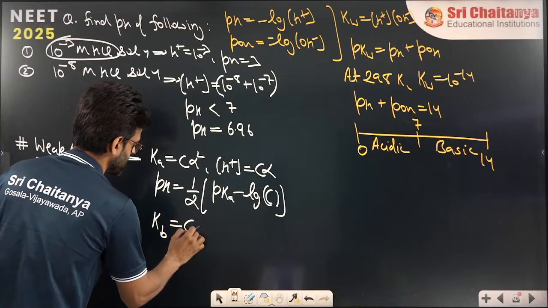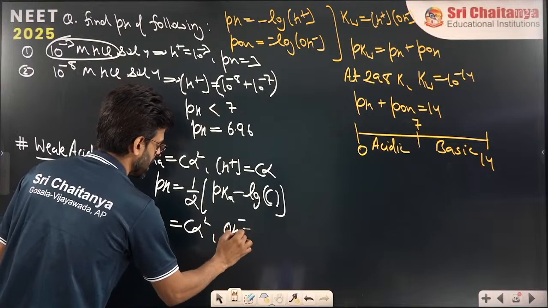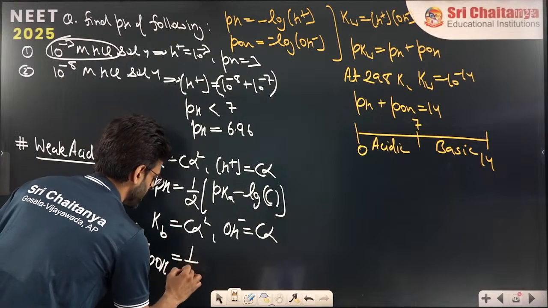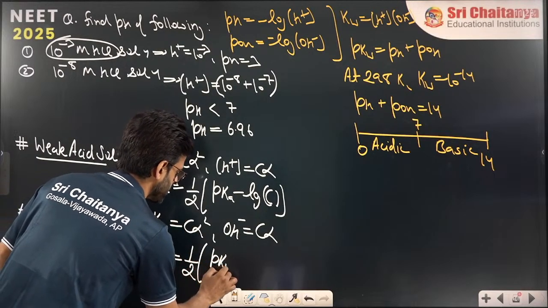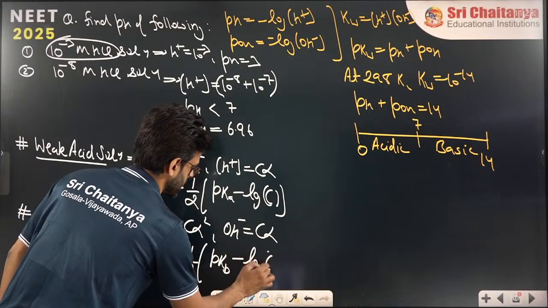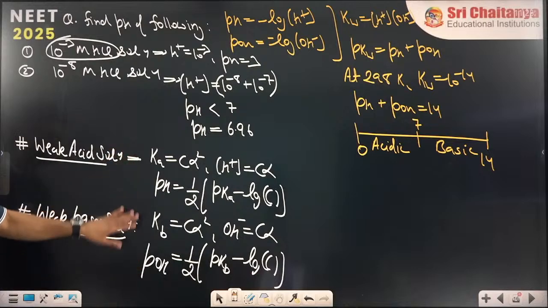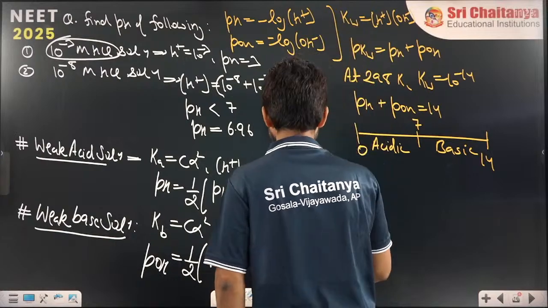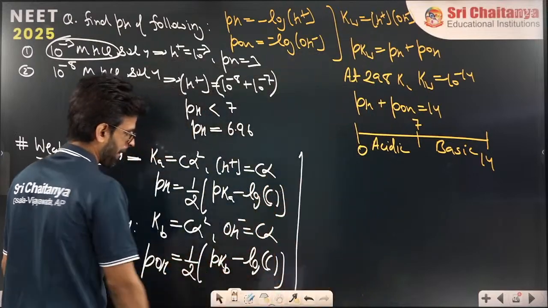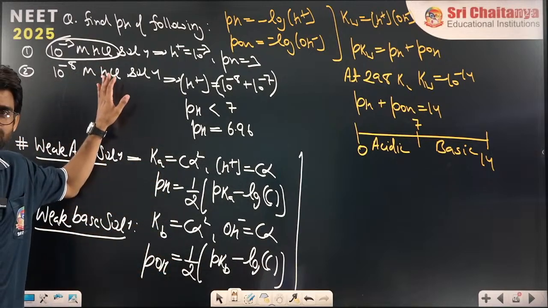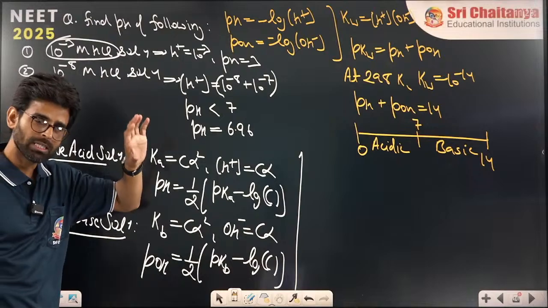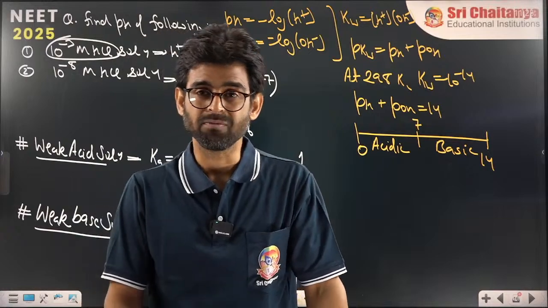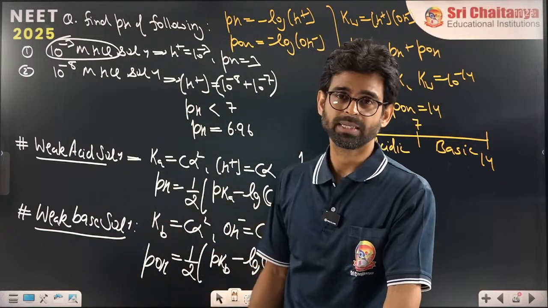Kb is C alpha square, and OH minus is C alpha. The formula of pH is 1 by 2 pKb minus log C. So use this shortcut to find the pH of a weak acid or weak base solution. Strong acid and strong base ionize completely, so from there find H plus and OH minus and then find pH. In weak acid, weak base, use this formula to find the pH.